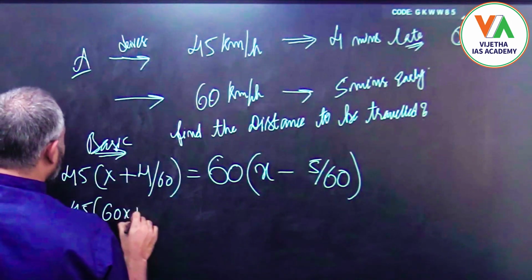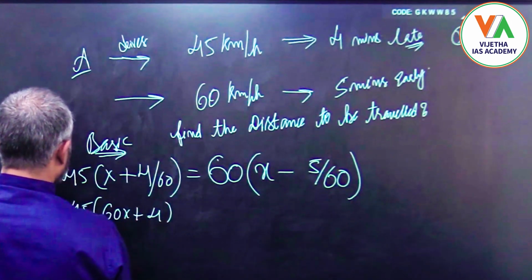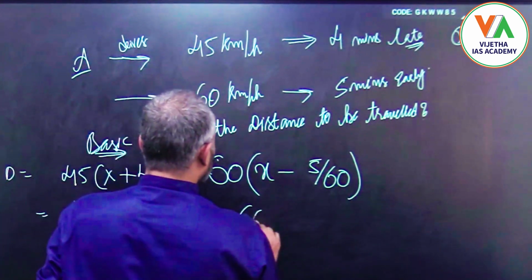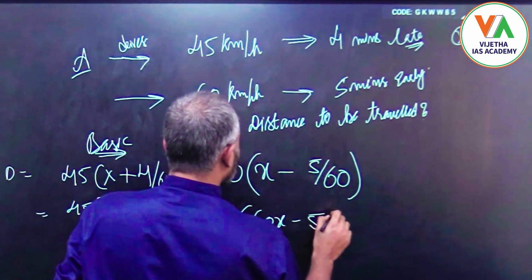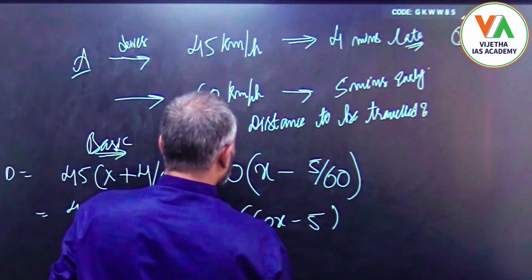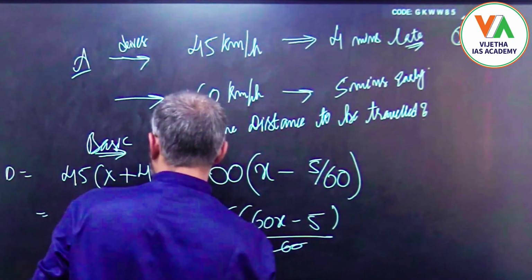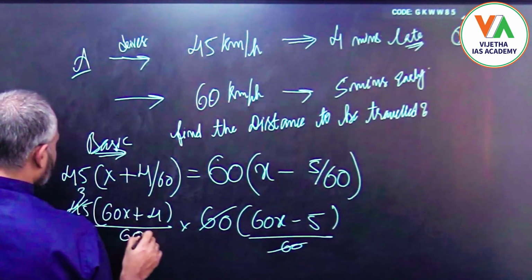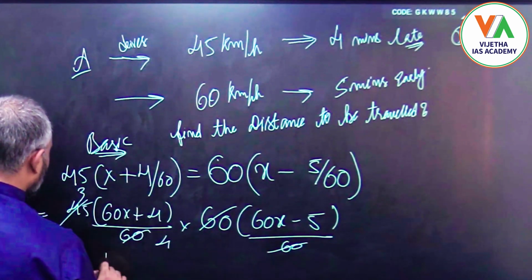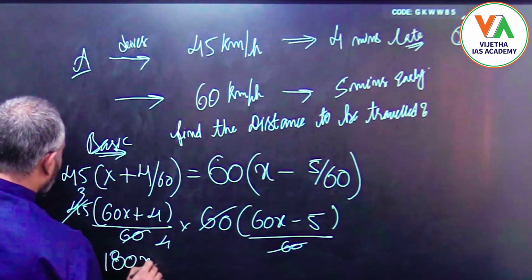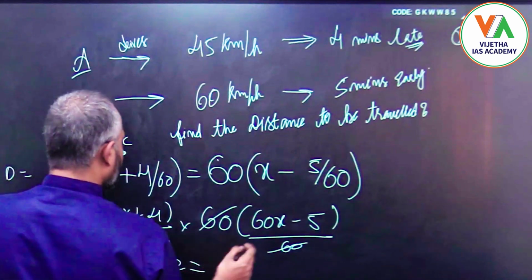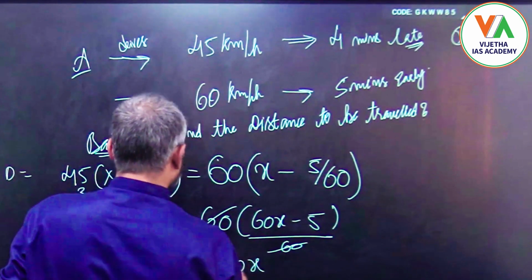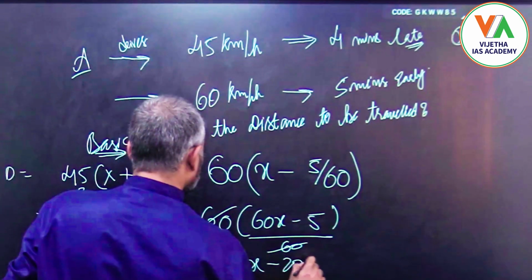Now, if you do this, it becomes 45 into (x plus 4 by 60) equals 60 into (x minus 5 by 60). This 60 gets cancelled, and this is 3 times, this is 4 times. So, this becomes 180x plus 12 is equal to 240x minus 20.